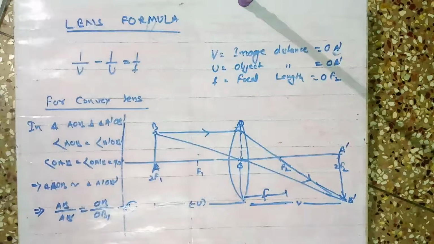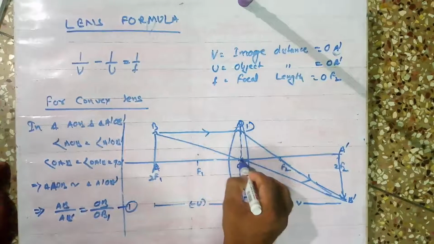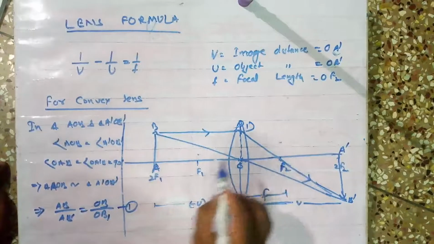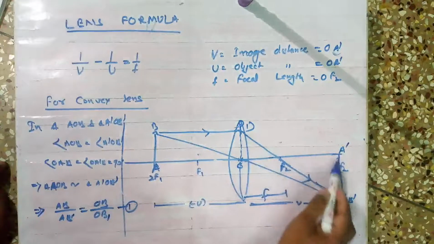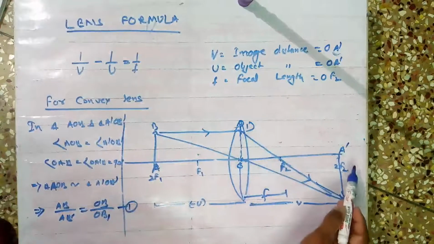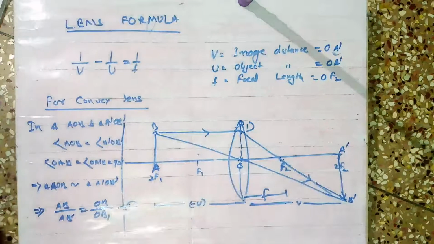Now take another set of triangles, that is D, here written D, DOF2, this triangle, and this triangle, DOF2 and B prime A prime F2. Understood? If you have written, then I'll erase. This one you remember.